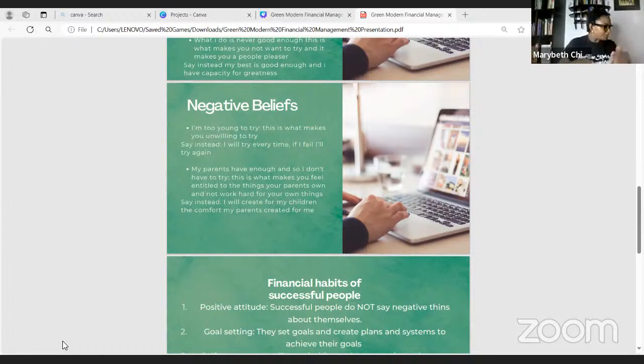So that's it. We said everything is principles. When you get the right principles in place, you will achieve and you will be indeed as successful as the successful people that we know. All right, so successful people are planners. They set goals and then they set plans to achieve their goals.